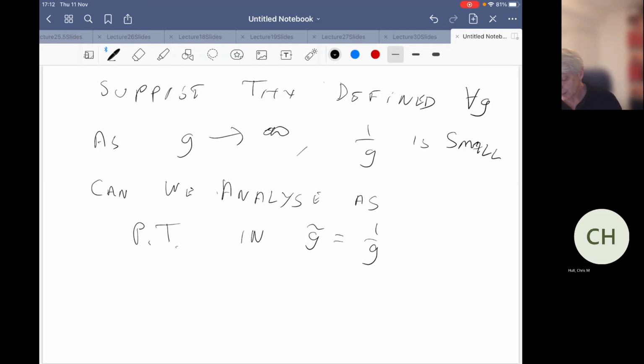And the theory as a perturbation theory in G tilde defines another perturbative theory.